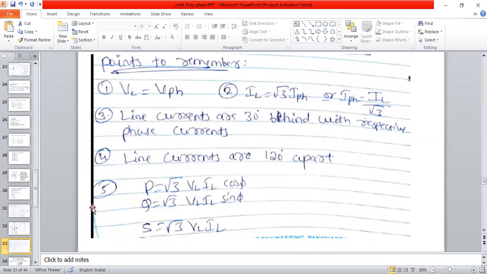So take the heading. Write the heading: Voltage and current relation in delta connection.